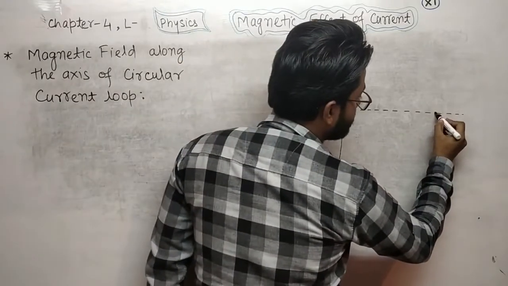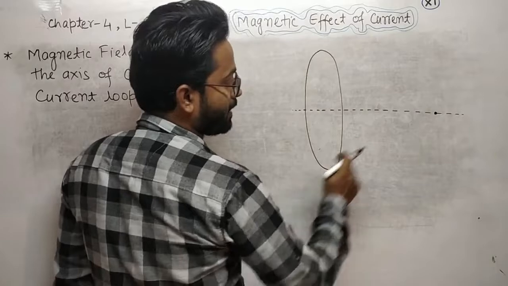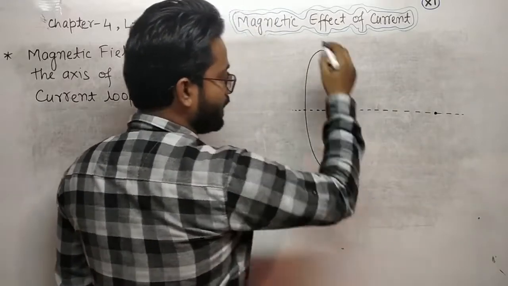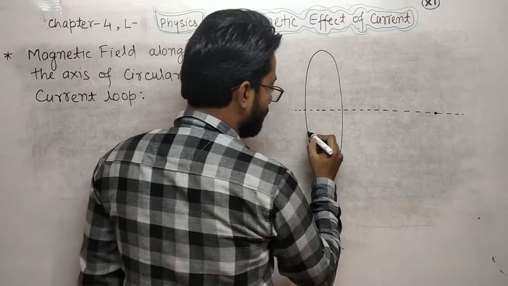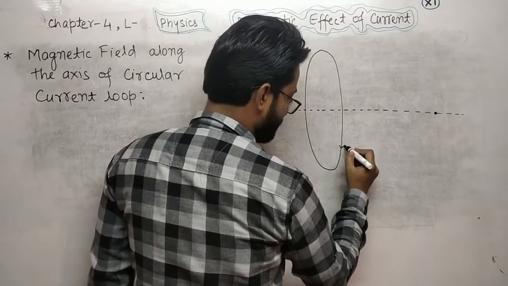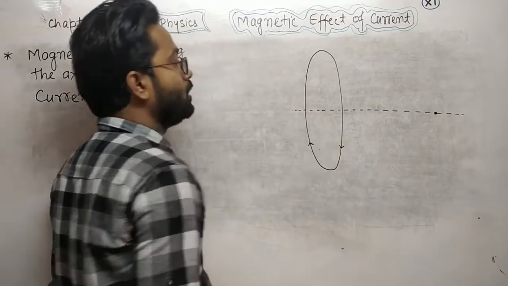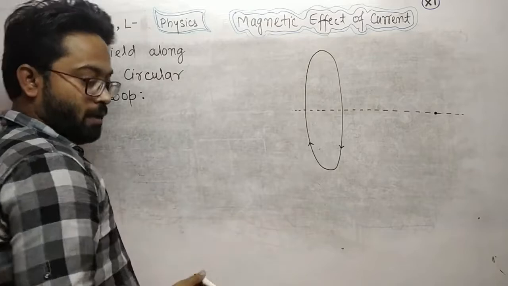Let us suppose we have to calculate the magnetic field at that point due to this current loop. Current is flowing in the loop.